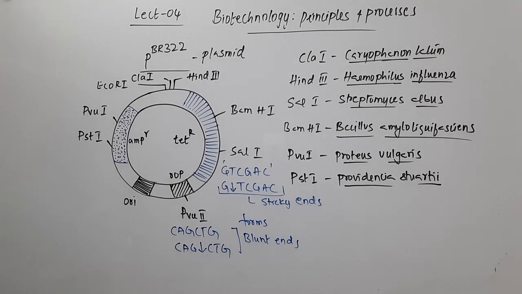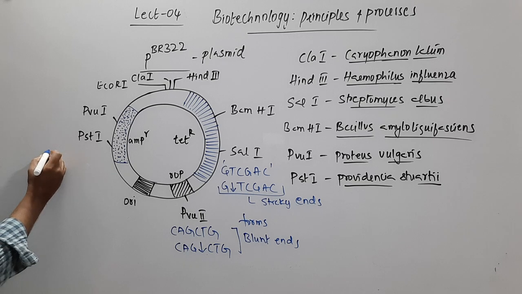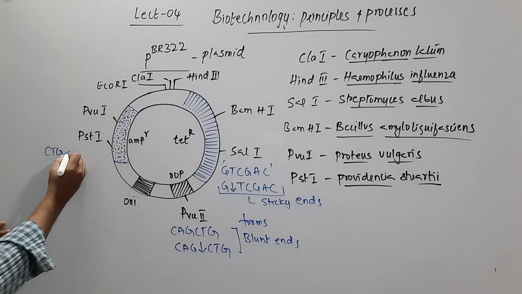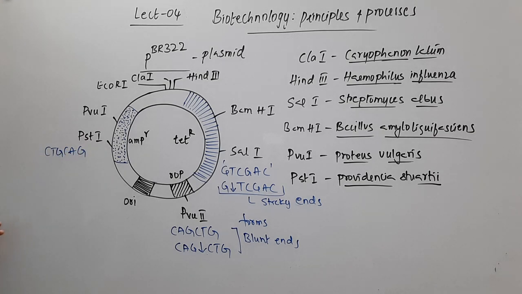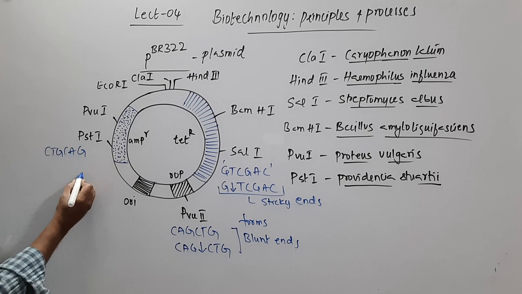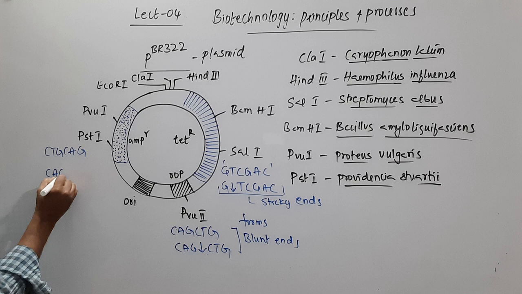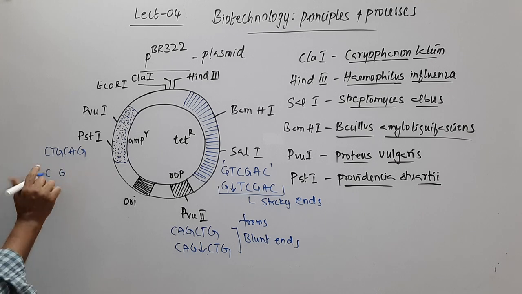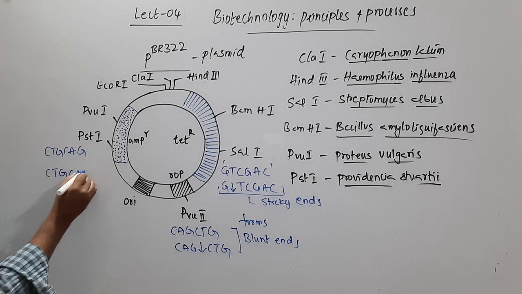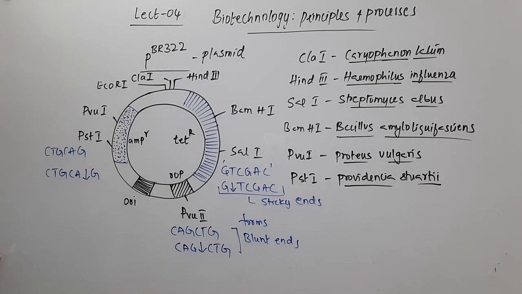Then coming to PstI. PstI will be identifying a sequence CTGCAG, and this is going to cut between the A and G. In this case also it's going to form a sticky end.